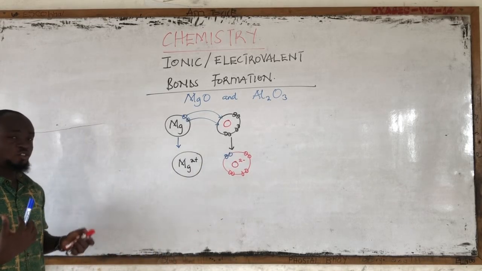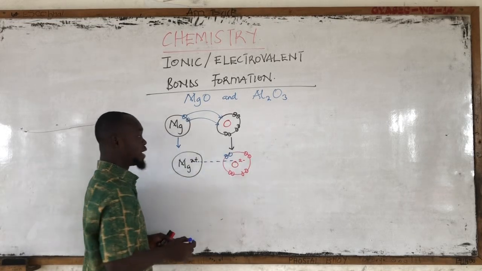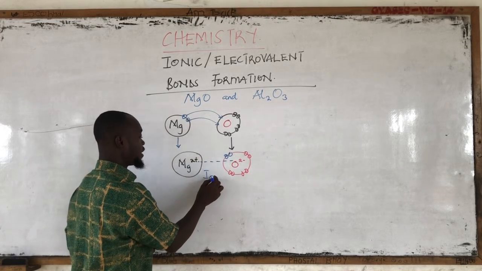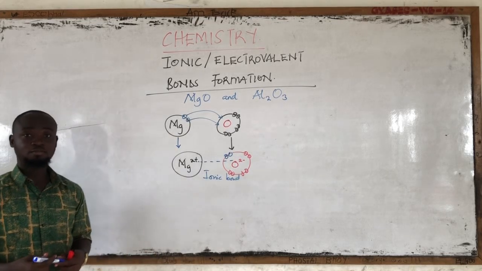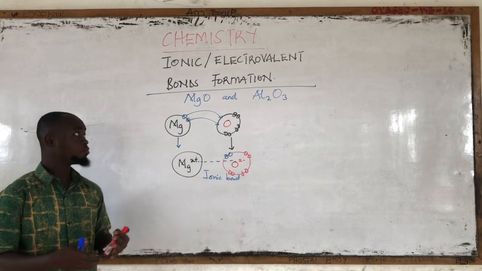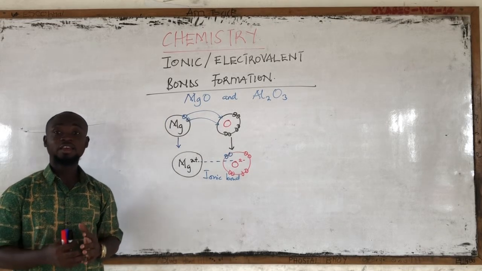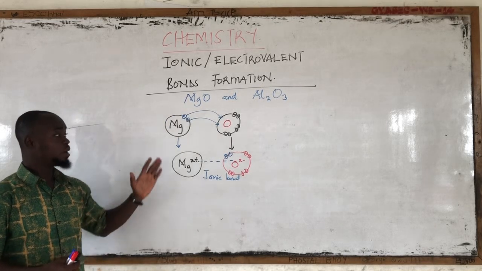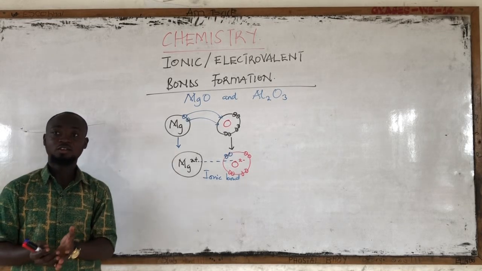The electrostatic force of attraction between the Mg2+ and then the O2- is what we call the ionic bond or the electrovalent bond. And it brings them together to form the MgO. Now that is the ionic compound. Is that okay? I'm using this to make the diagram easier for the illustration.